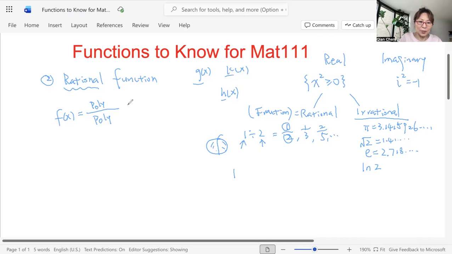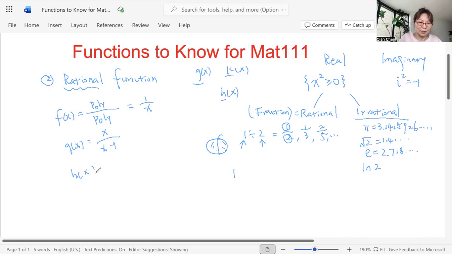Given an example, I may have 1 divided by x, very simple one. The numerator is a polynomial of degree 0, a constant function. The denominator is a polynomial of degree 1, a linear function. Maybe I make another example. I could have x divided by x minus 1.